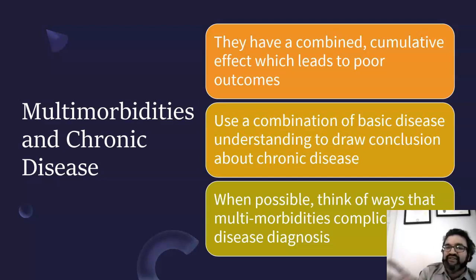And then the other part of this really, and something I haven't mentioned yet, is the idea of side effects. Multiple conditions means the person is having to take a laundry list of medications, a lot of medications.